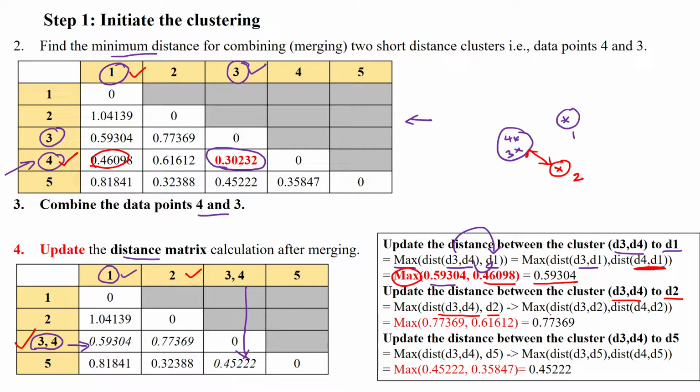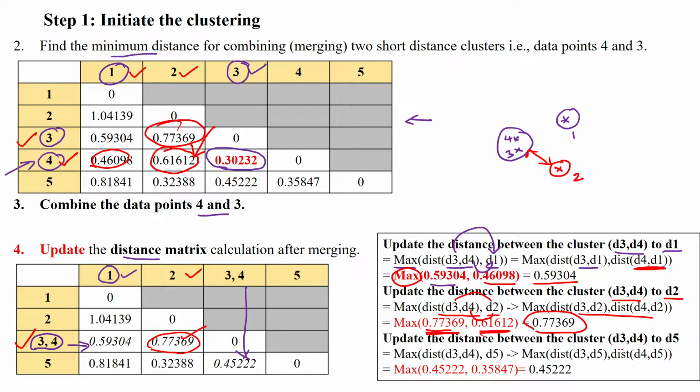We find the distance between d3 comma d2 and d4 comma d2. d4 comma d2 is 0.61612, and d3 comma d2 is 0.7739. Among these two values, the maximum is 0.77369, so it is updated in the new distance matrix table.